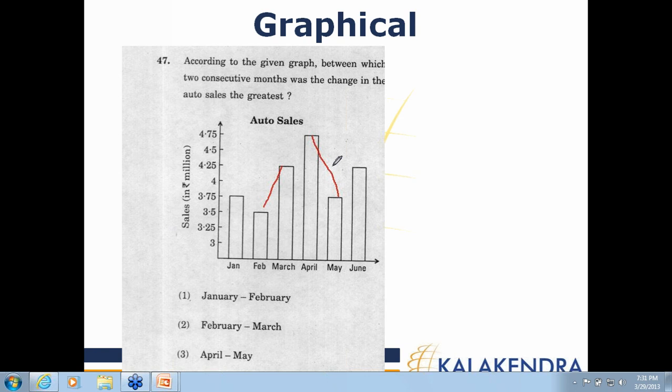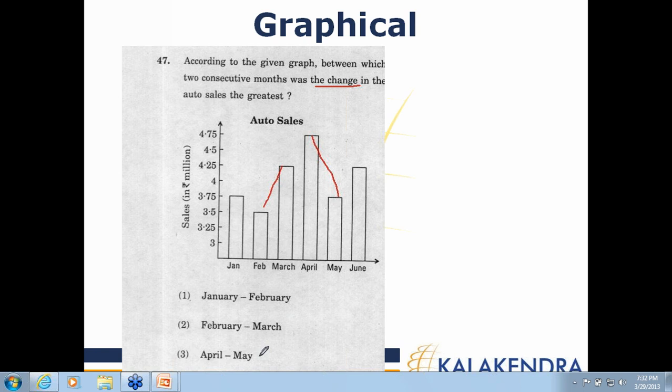Okay. And therefore, the important word was that it's a change in the auto sales, the greatest, and it doesn't talk about necessarily the increase in auto sales the greatest. Now, if the same question had read increase in auto sales the greatest, the correct response would have been February and March.